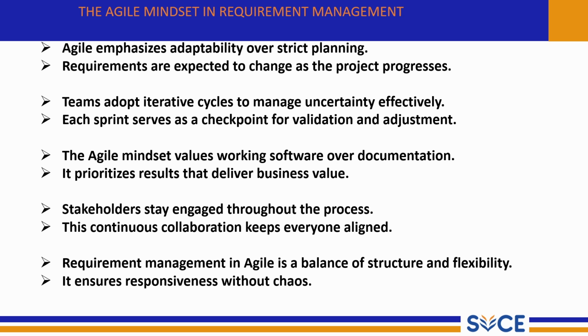Agile teams adopt iterative cycles to manage uncertainty effectively. Agile development is done in small cycles called sprints. Instead of trying to finish the whole project at once, the team works step by step. This makes it easier to handle uncertainty and reduce risks.